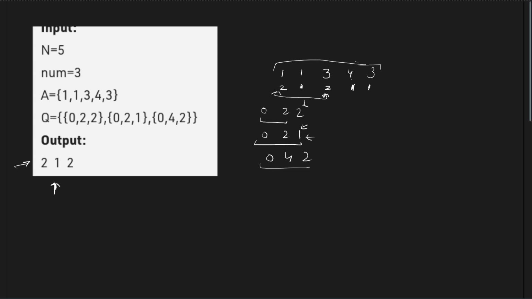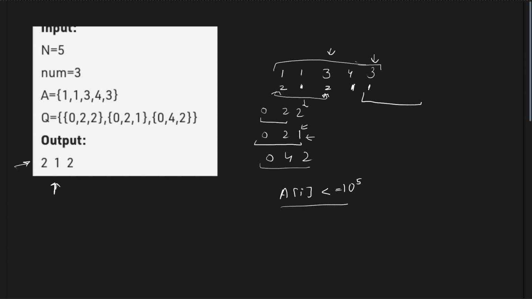Remember that it is not the frequency in the whole array, it's the frequency starting from that index to the last index, right? That is why for this 3 the frequency is 2, and for this 3 the frequency is 1, right? The input values, that is A of I, can be up to 10 raised to power 5. This was also mentioned in the constraints.